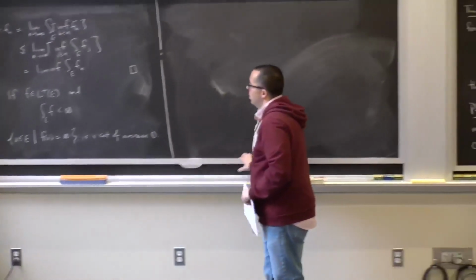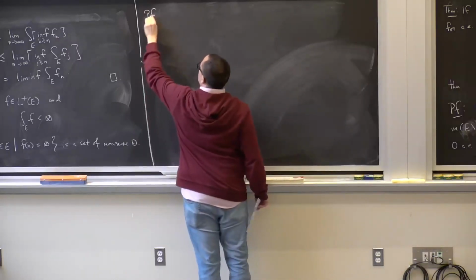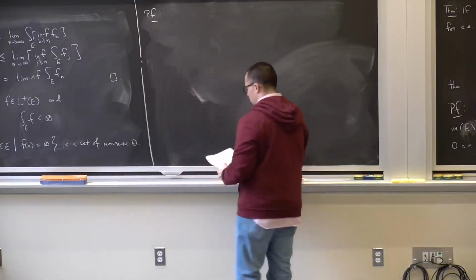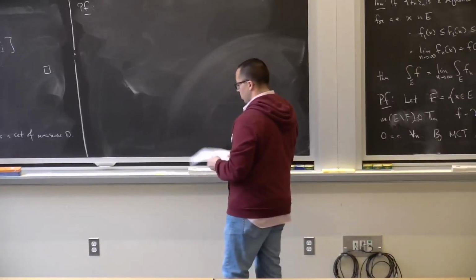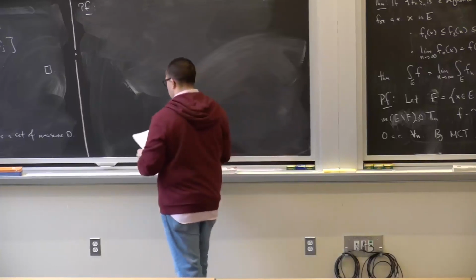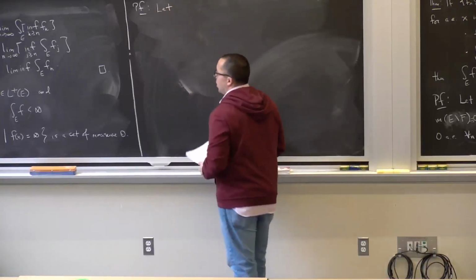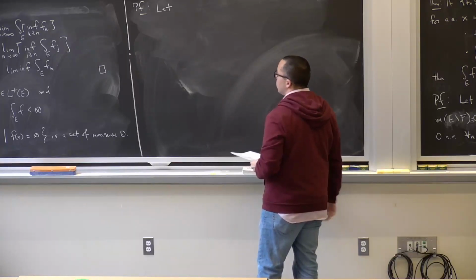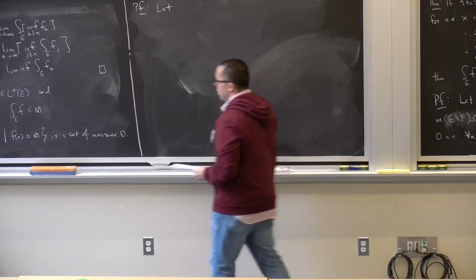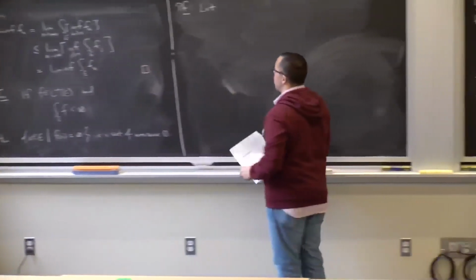Okay? So the measure of the set where it's infinite is 0. So what's the proof? It's kind of how we did the proof that if the integral is 0, then the function is 0 almost everywhere.